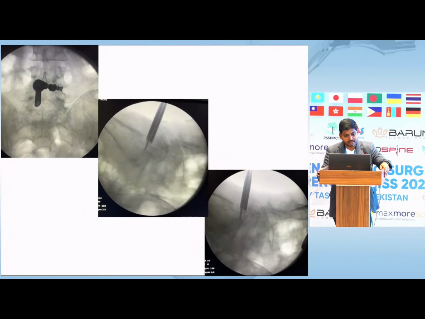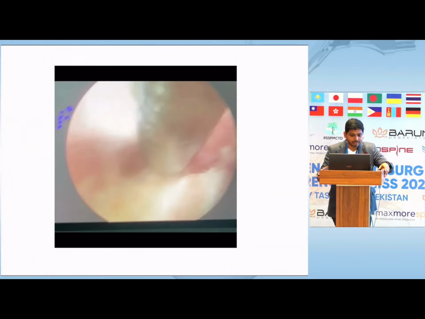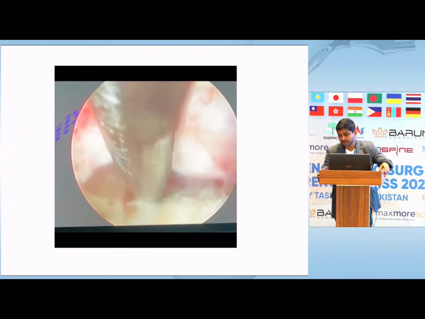So these are the extent of the dissection and biopsy, where you can see the extent of the dissection from the vertebral body end plate to the mid part of the vertebral body. And here is a small video taking the biopsy. Sorry for the poor quality of the video.